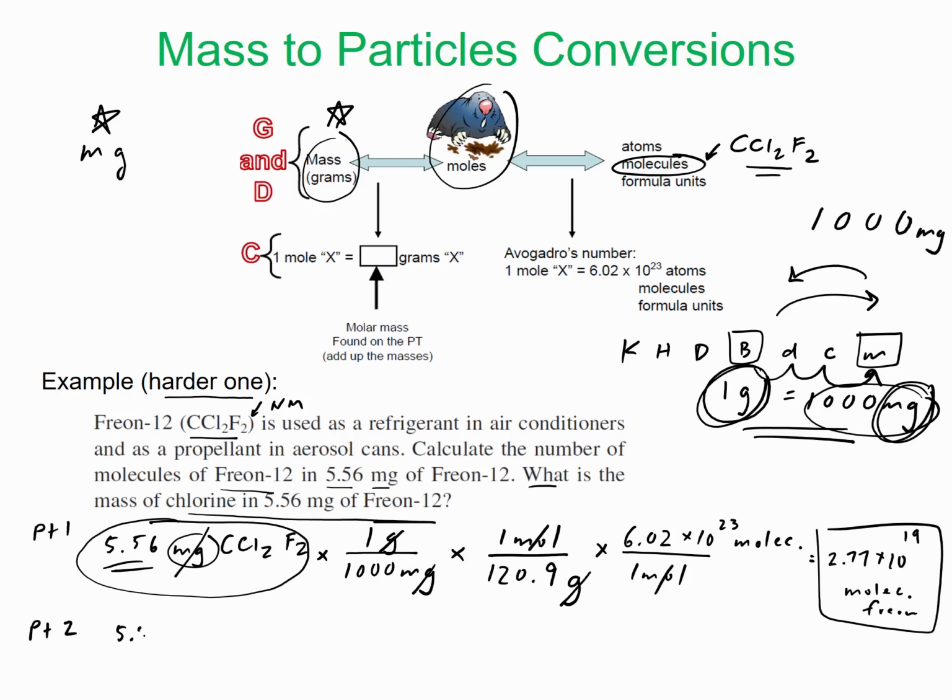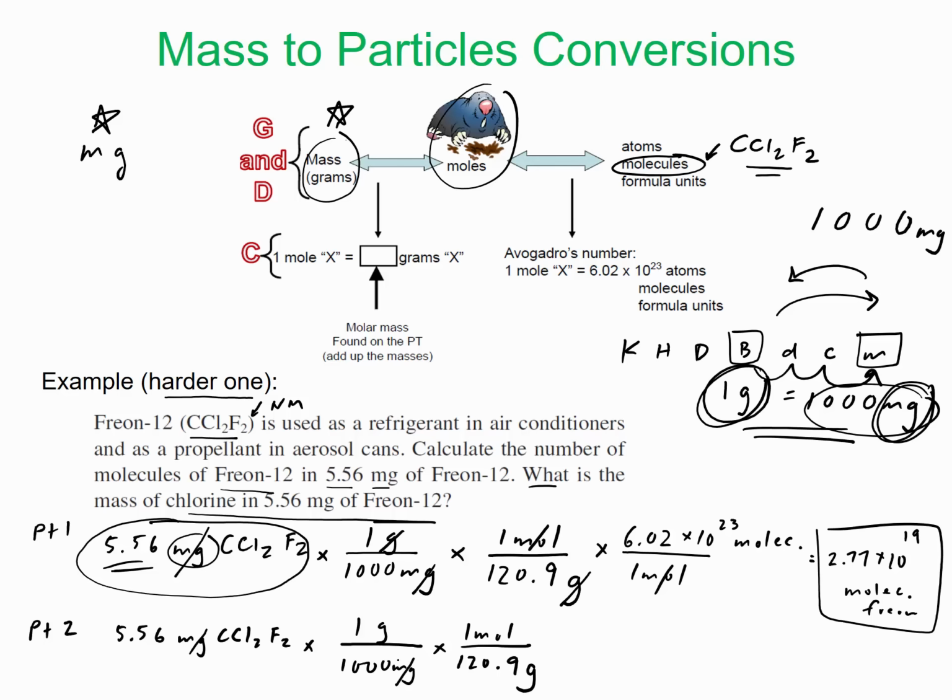So I'm going to go 5.56 milligrams. I already actually did some of this work on the first part. Okay, so I'm going to change this into moles. So it's basically the first 2 steps are exactly the same, 1 mole, and you could just basically copy that from the first part.